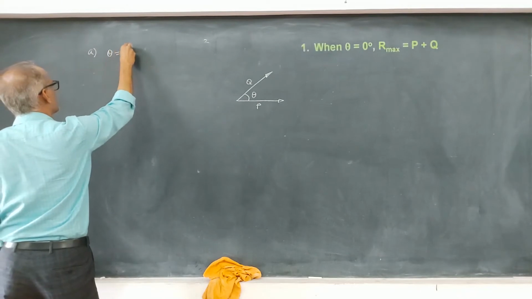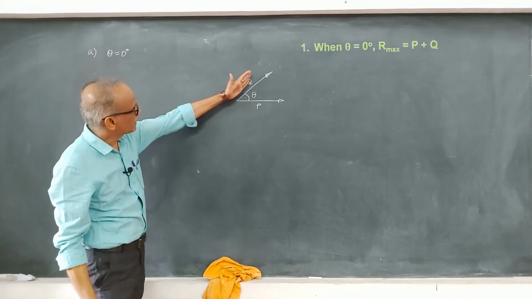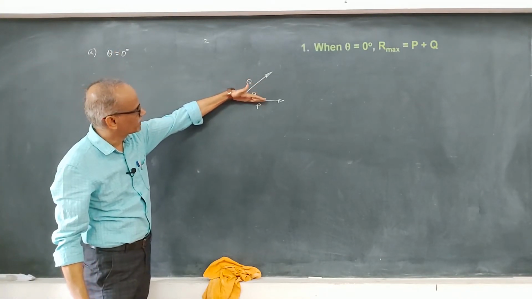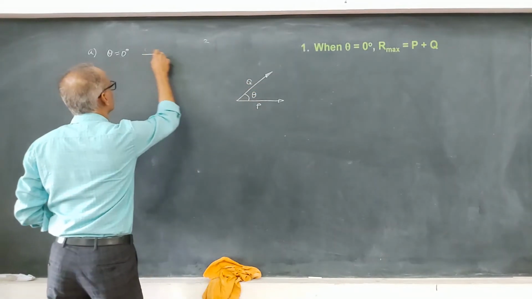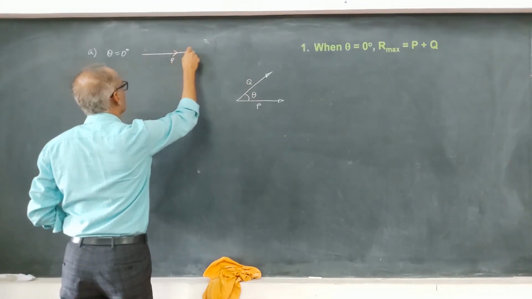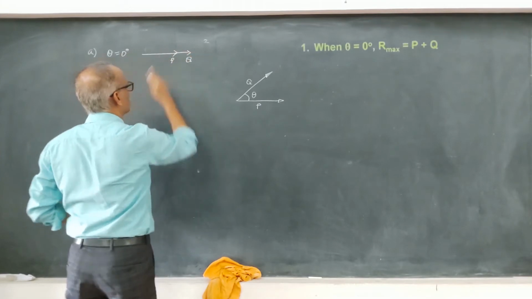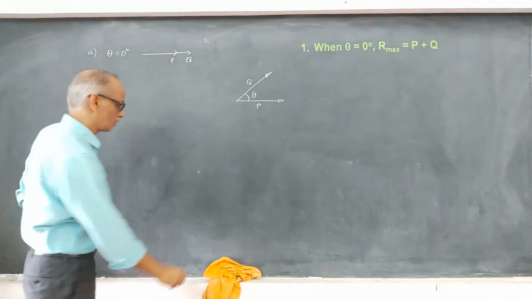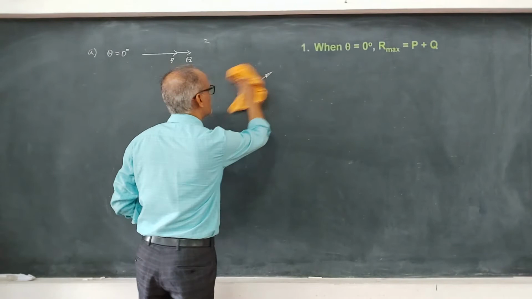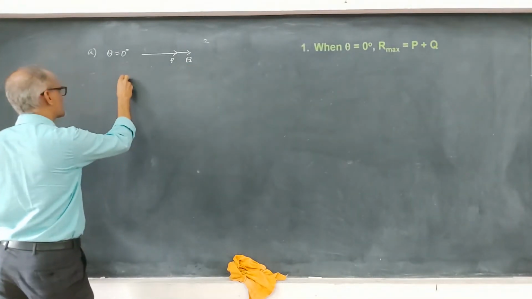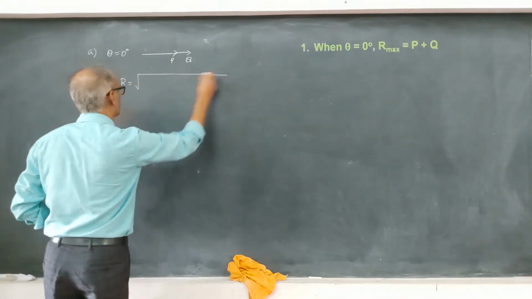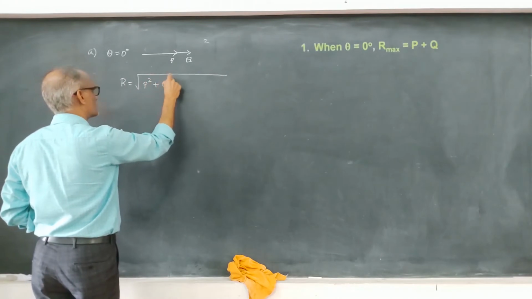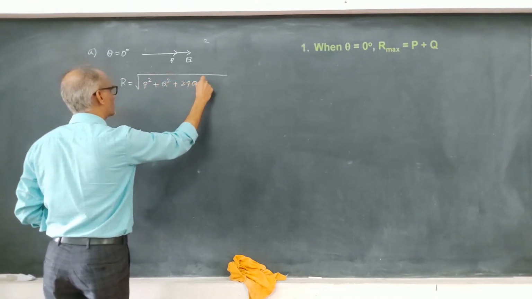If theta is equal to 0 degree, then this vector Q will come along P, correct? Like this. Then vector P and vector Q act along the same direction. Then what is the value of R? R becomes P plus Q. How? Let's see. R is equal to root of P square plus Q square plus 2PQ cos theta.